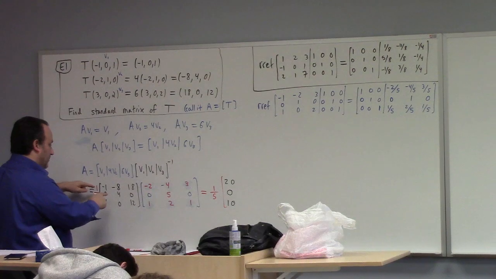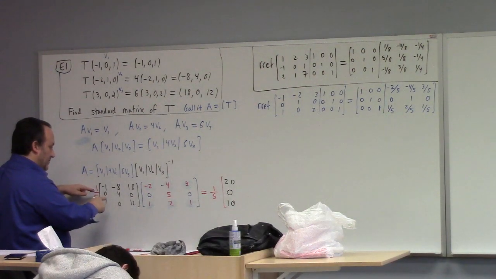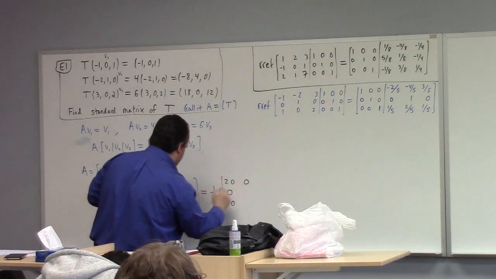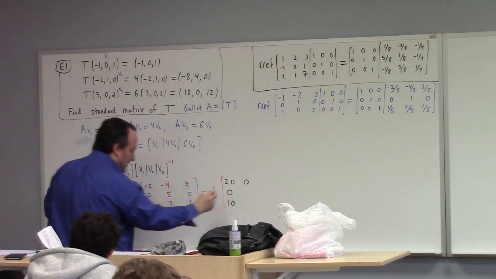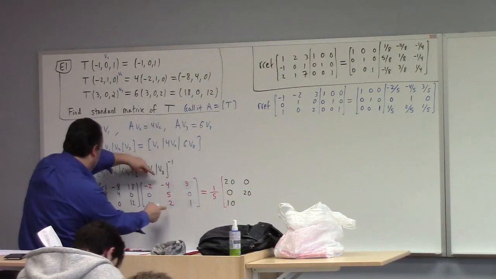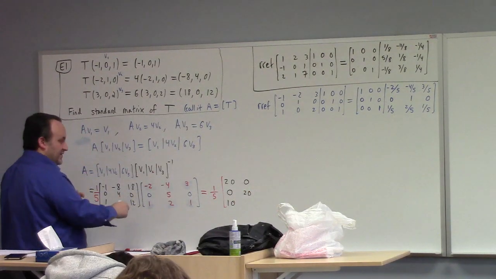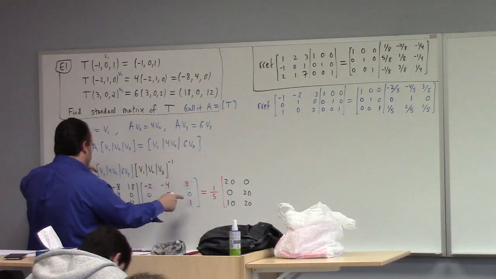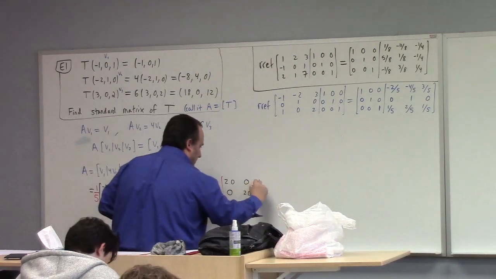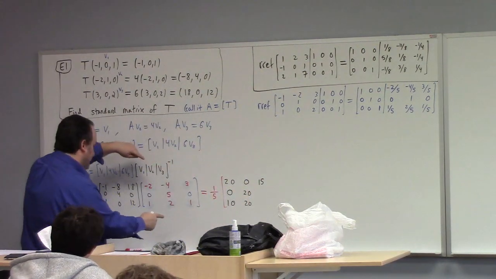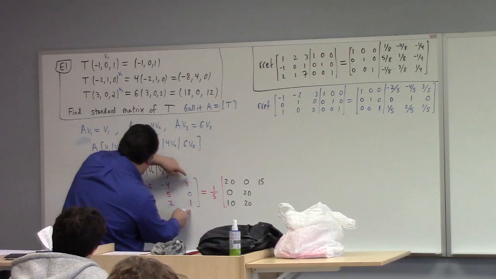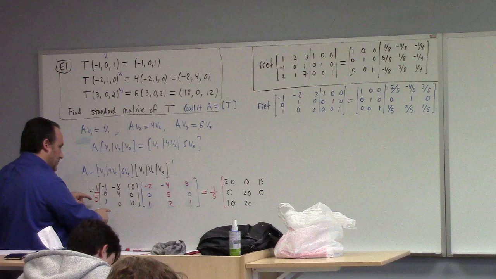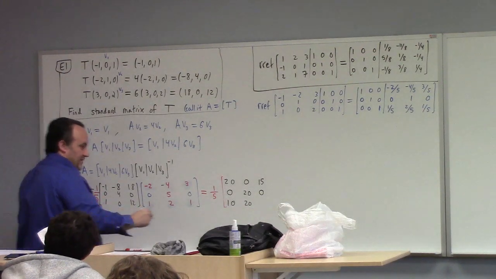I get 4 minus 40 plus 36, I think that's 0. Next one I get 20. Next one I get minus 4 plus 24, I think that's also 20. I get minus 3 plus 8, to 15, I think. You guys tell me if I'm wrong anywhere, okay? 0. And 3 plus 12, 15, right?